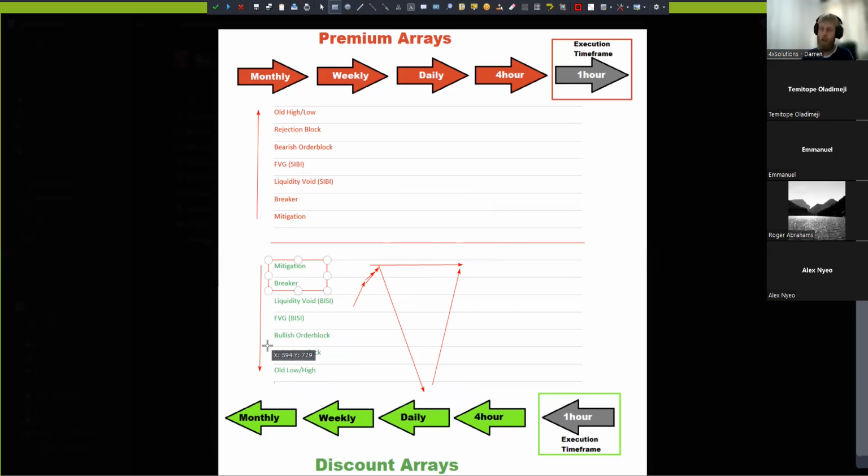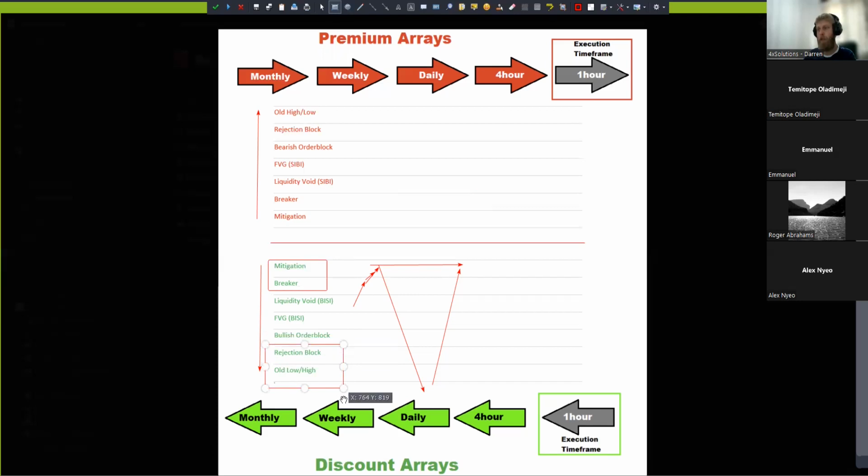So for example, if you were a person who likes to trade order blocks and you're buying a bullish order block, or a bearish order block, that's not actually the highest or lowest level of premium and discount. Obviously, there's the rejection block, the old low, and then underneath or above would sit liquidity. So there's this whole three items over here lower than the order block, essentially.